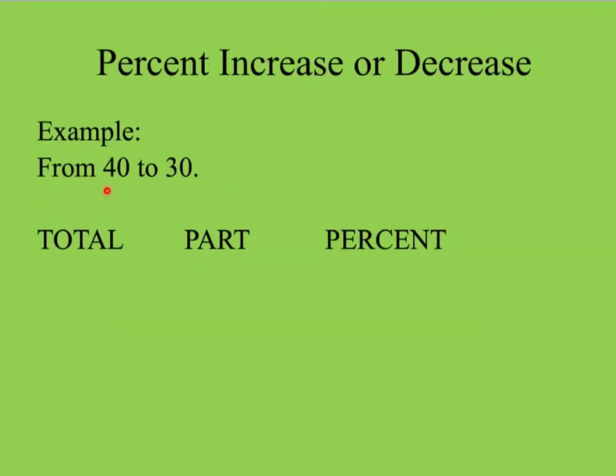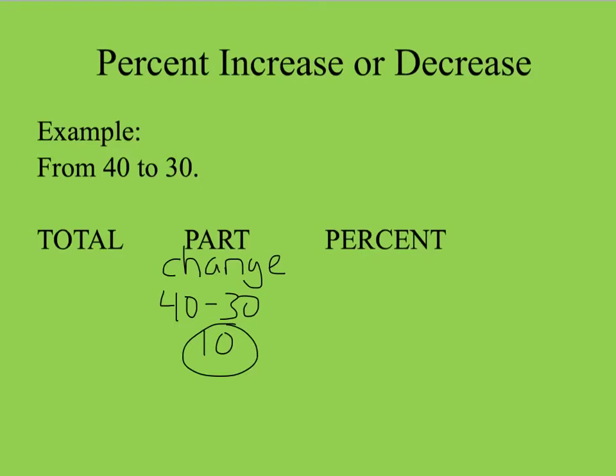So to go from 40 to 30, that's a decrease. So what is the percent decrease? How do I find that? 40 to 30, so the part is always going to be the change, the amount changed. 40 take away 30 leaves 10. So there's my part. 40 is where I started from, so that's my total.